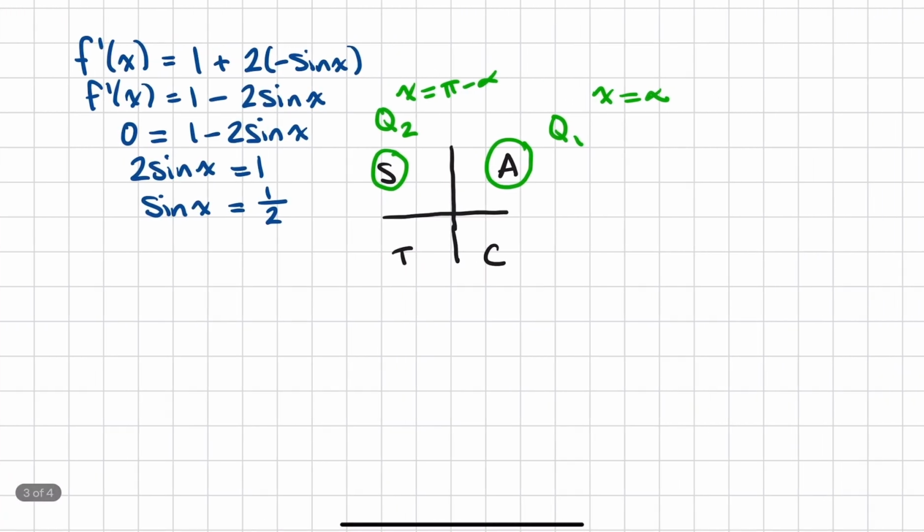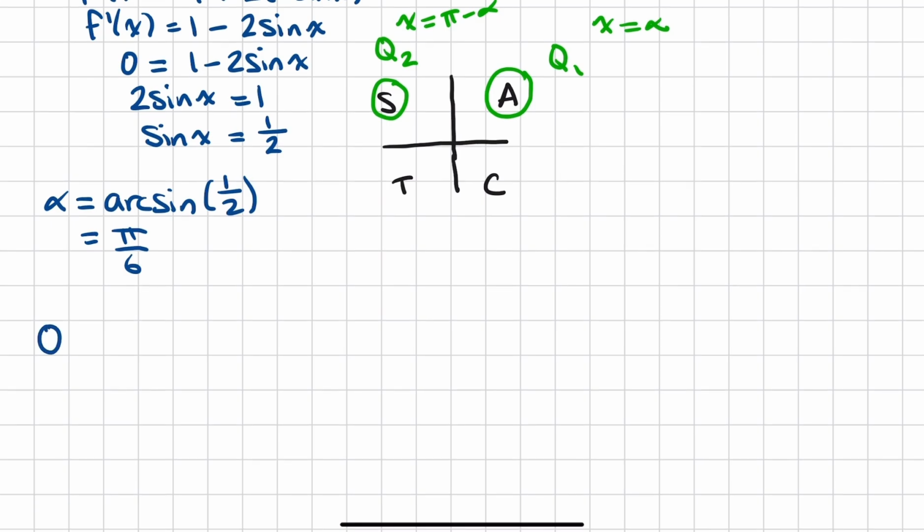And so to find what the x value or the angle is going to be in the first quadrant, all we have to do is take inverse sine of this. And so we can say that alpha is equal to arc sine of a half. And so that is equal to pi over 6. And so this is your principal angle.